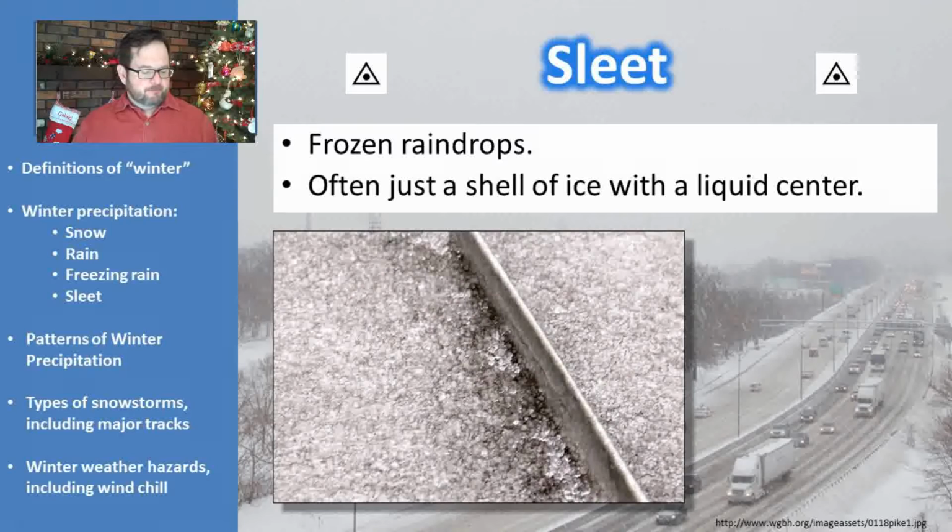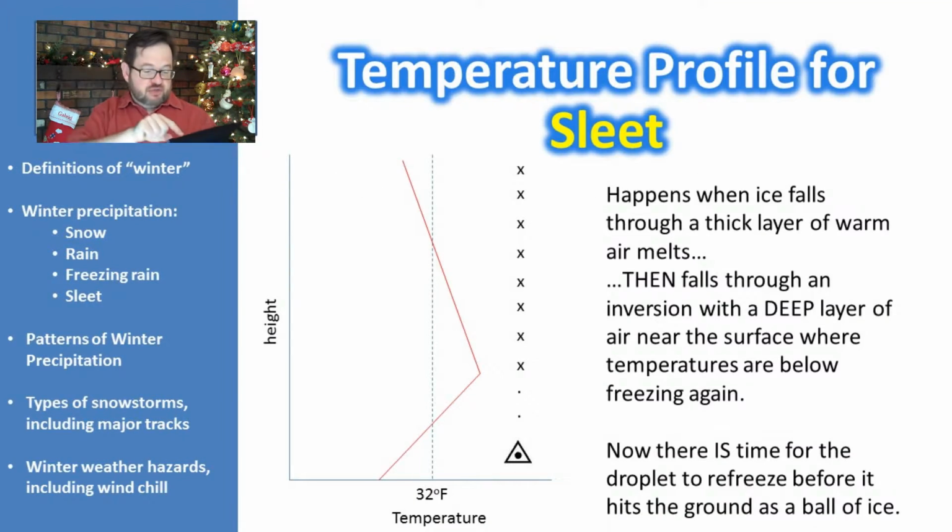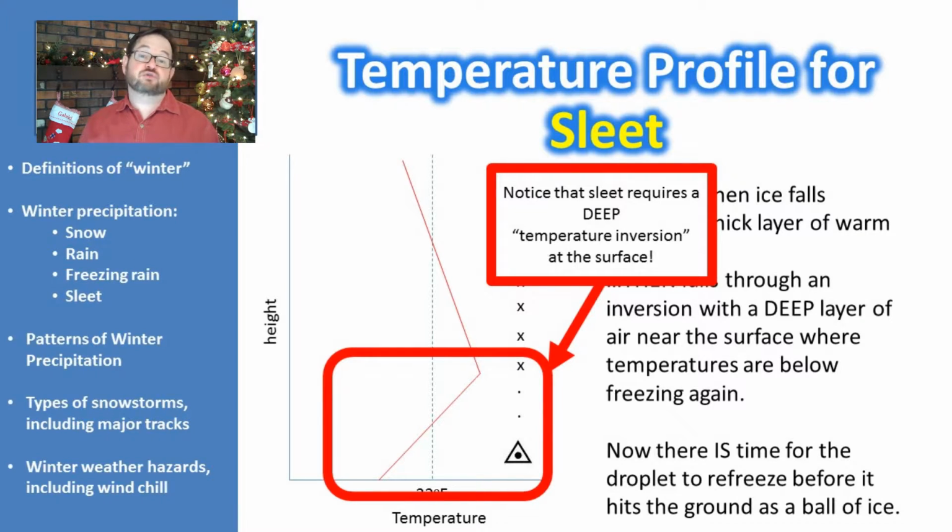Okay, they are going to happen when ice crystals, up there by like the letter S in the word sleet, are falling through the atmosphere and start encountering temperatures that are warmer than freezing. And so after falling through a small amount of that layer, the ice crystal melts into a liquid water droplet. But then it falls into a temperature inversion again, where as it's getting closer to the ground, temperatures are getting colder and colder.